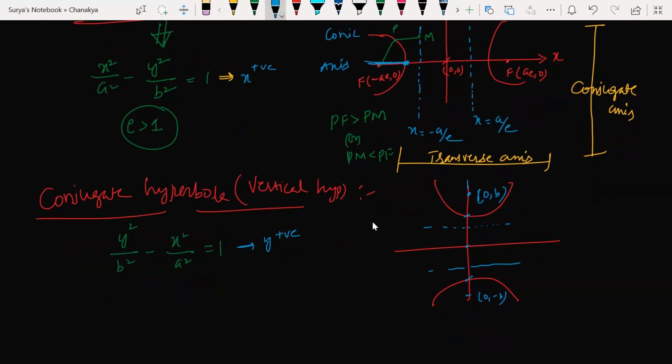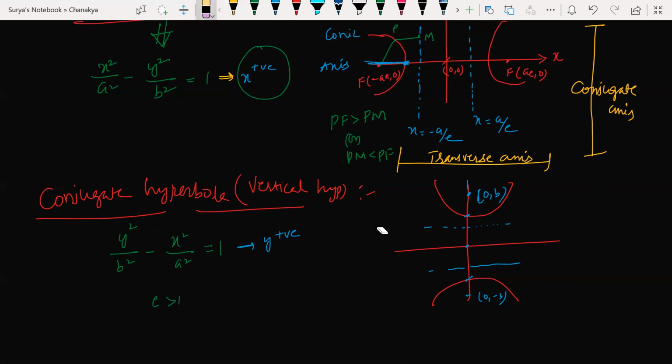Here how do I define the vertical hyperbola's equation, I mean conjugate hyperbola's equation and transverse hyperbola's equation. In the equation of the transverse hyperbola, the coefficient of x would be positive बेटा, ऐसा समझो. ठीक है, here coefficient of y would be positive in conjugate hyperbola, where again e is greater than 1.